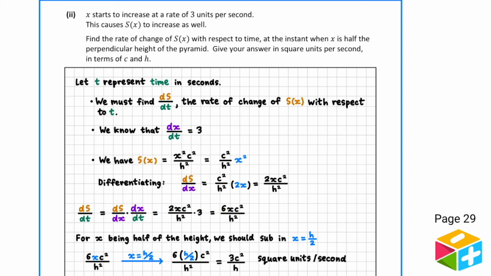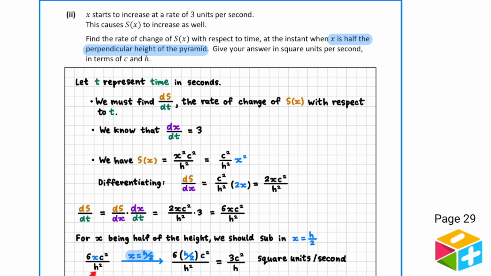We need to consider the instant when x is half the perpendicular height of the pyramid. Well, h represents the perpendicular height, so half of this would be h over 2.